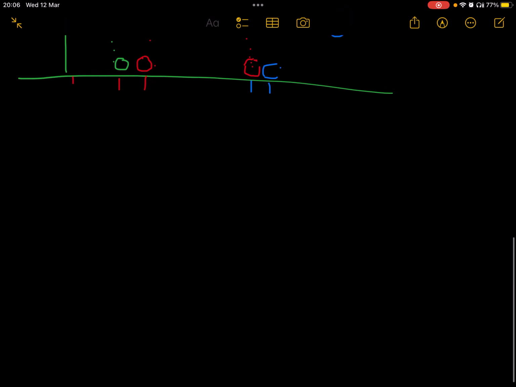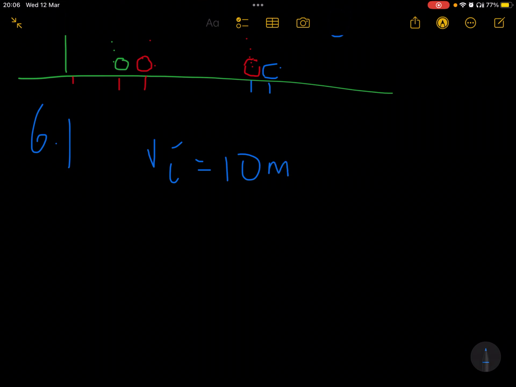It says write down the speed with which the ball is thrown downwards. So the ball started being thrown downwards with a velocity, from the graph, of 10. So 6.1: V initial is equal to 10 meters per second.